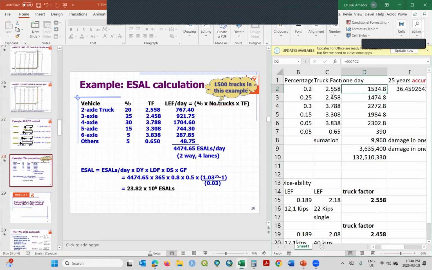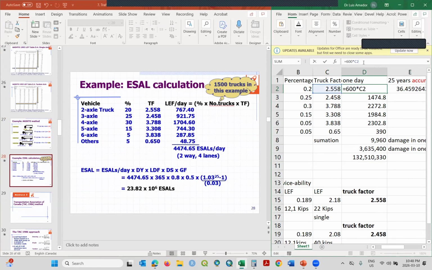Okay. There's a little mistake because I think I did not consider here the percentage. So this is a 20%, and I need to consider the percentages. So I forgot to multiply by the percentage here, okay? So 600 trucks total, but this is just 20%. So of this type, we have 307. This one is again 600, that's correct.